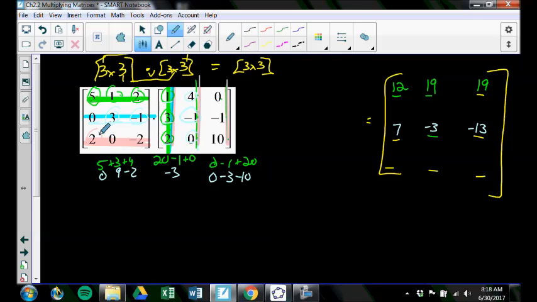So 2 times 1 is 2, 0 times 3 is 0, negative 2 times 2 is negative 4, 2 plus 0 minus 4 is negative 2. 8, 0, 0, that's just 8. 0, 0, negative 20, that's negative 20. I know I did these last ones kind of quickly, but we don't want to spend forever talking through this. There is a 3 by 3 multiplication.